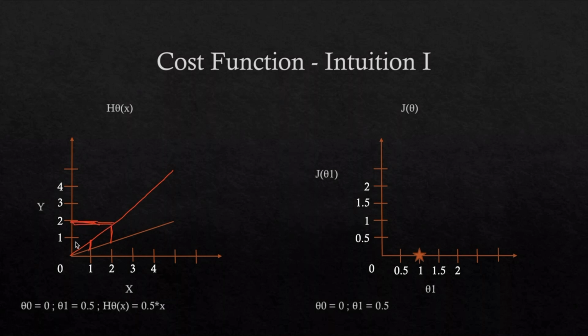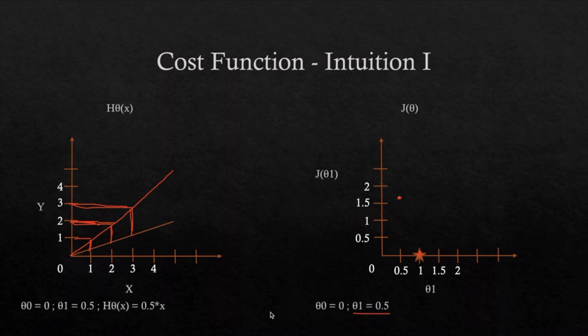It is not very accurate, but I think you have all got what I was trying to say. So it has a fall in the value. But if theta 1 equals 0.5, then its value is almost here.